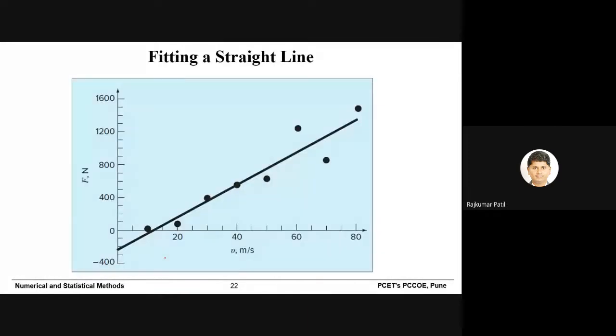Now, in regression analysis, we have seen, and this is one of the figures I have taken from the Steven Chapra book, where on the y-axis you will see force, and on the x-axis you will see velocity. For force and velocity, these are the different data points that we plotted on the graph paper. Once you plot, by using a least square technique you draw a straight line.